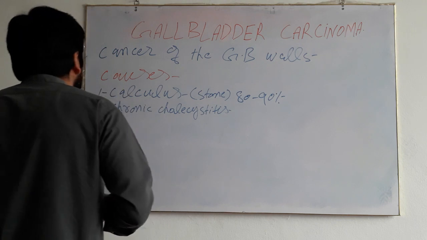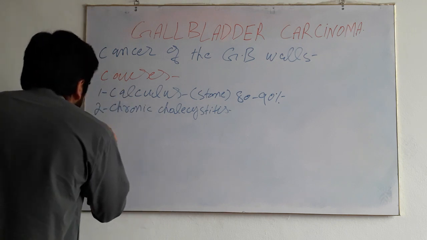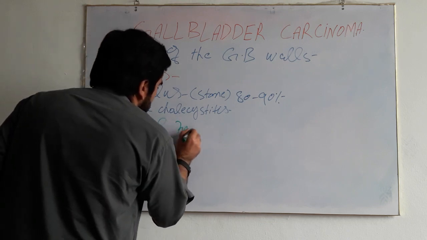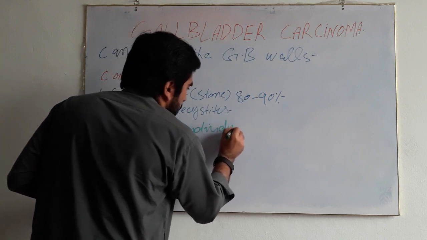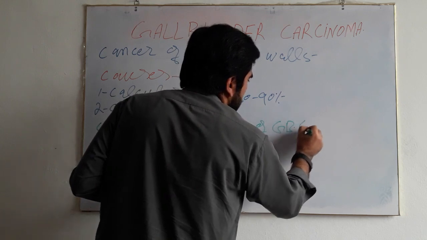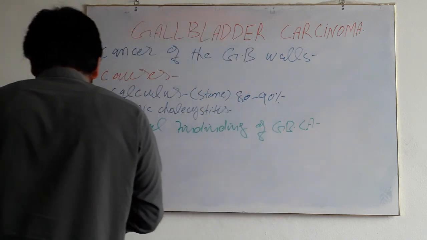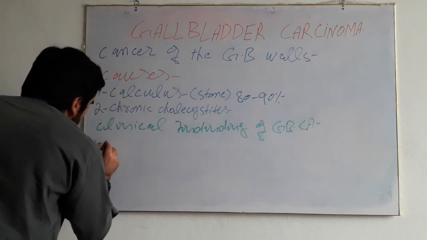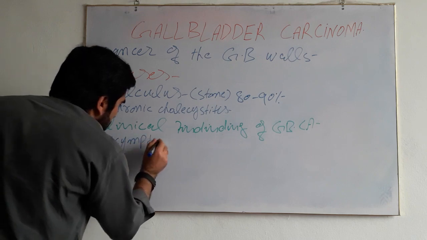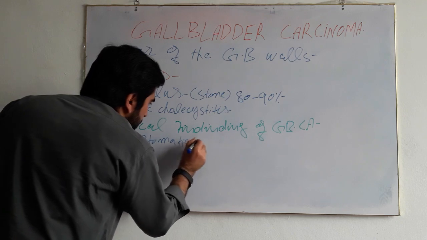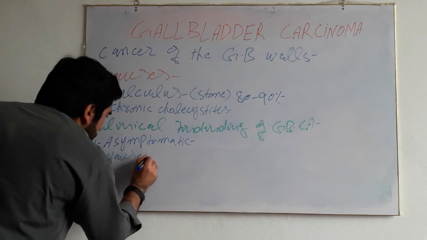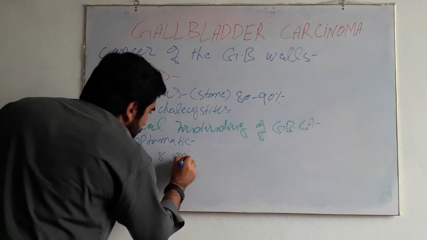Now, what will be the clinical findings or signs and symptoms of the gallbladder carcinoma? Clinical findings of GBC. First, the patient of GB carcinoma may be completely asymptomatic. Or it may have nausea and vomiting.